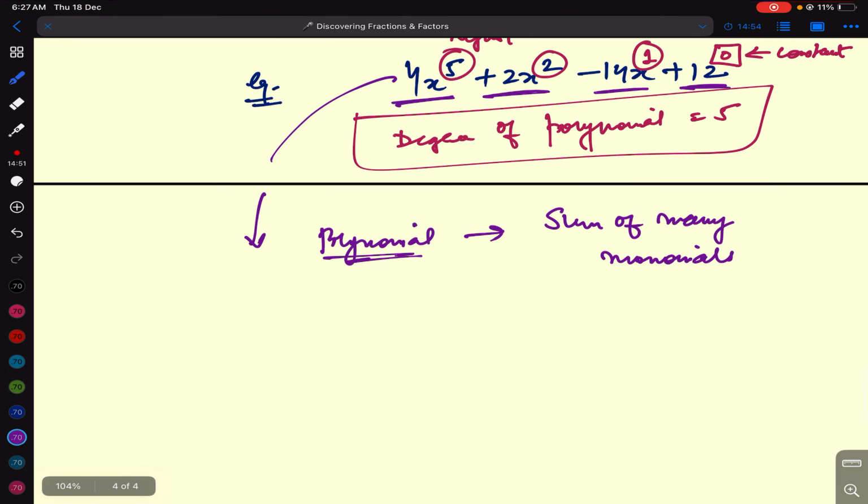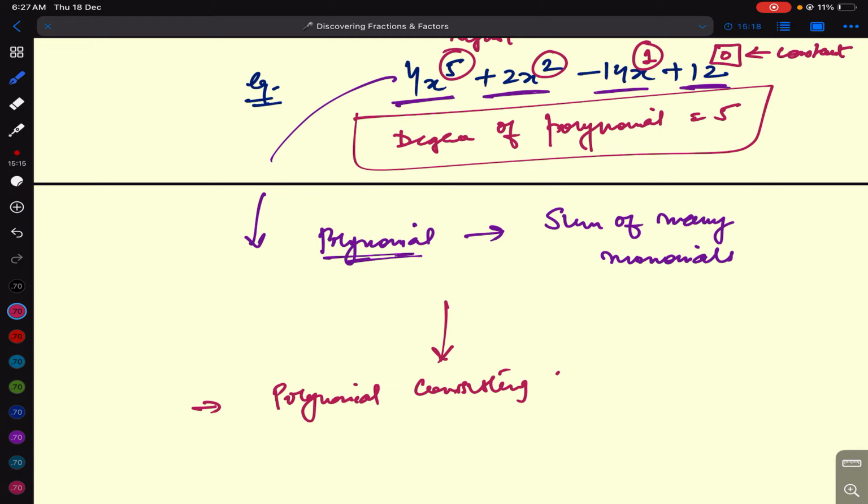Now the next scenario: based on the number of terms, or the number of monomials that we have as part of a polynomial, we have different labels for them. Suppose a polynomial consists of two terms, or monomials.